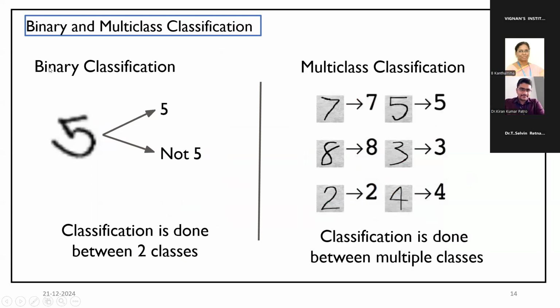Some other examples: in binary classification, you classify whether a digit is 5 or not a 5, so classification is done between only two classes. Here you have to classify 7, 1, 2, 3, 4, 5, 6, different classes. It has multiple classes, so it is called multi-class classification.